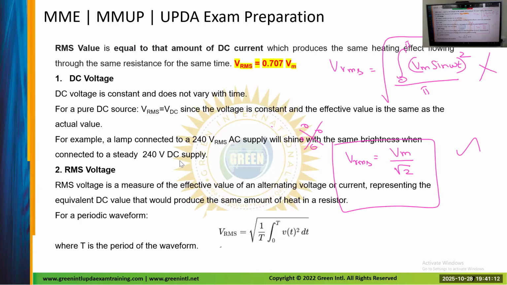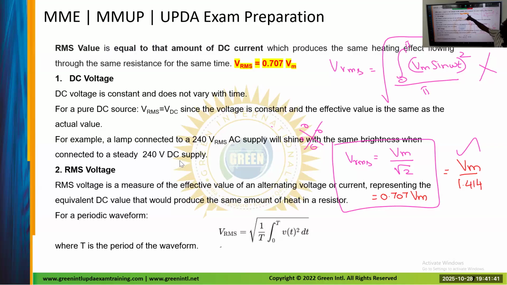So RMS voltage means Vm divided by root 2. We must memorize those things. What is the value of root 2? In the calculator, we use the value 1.414. So Vm divided by 1.414 gives 0.707 Vm.